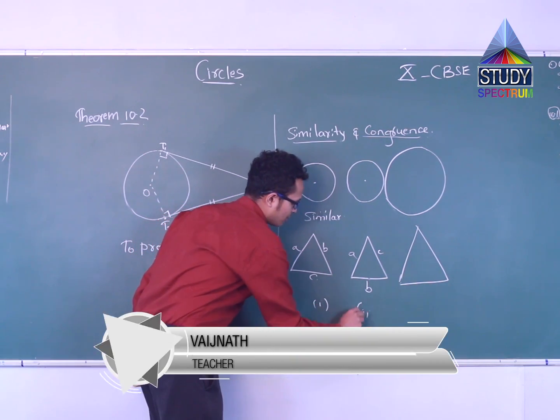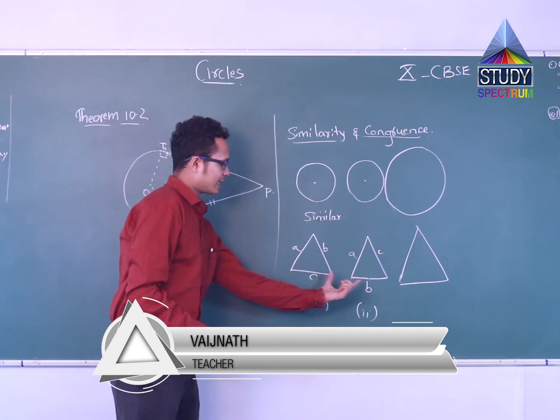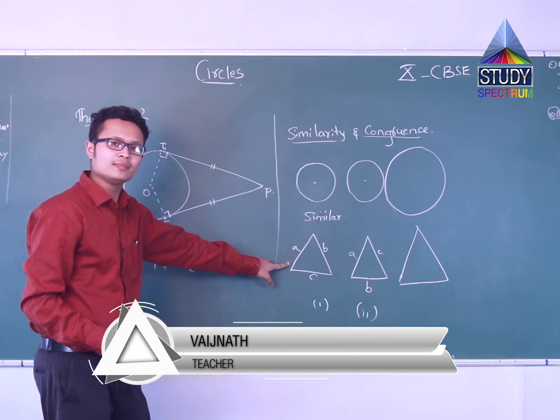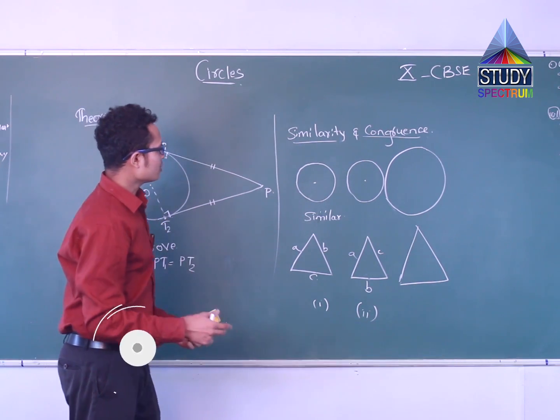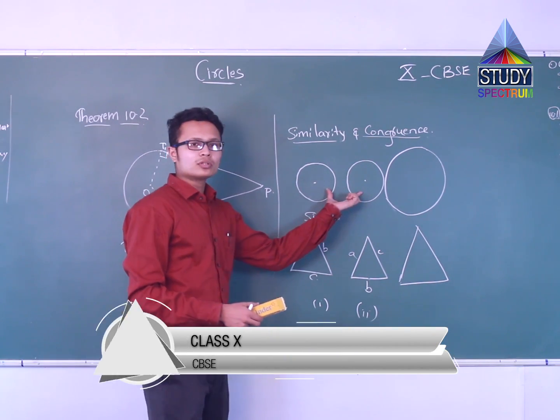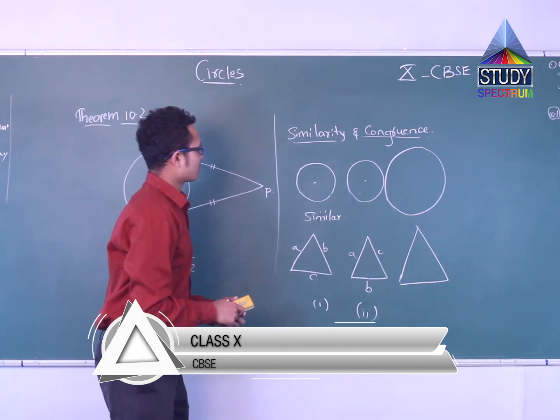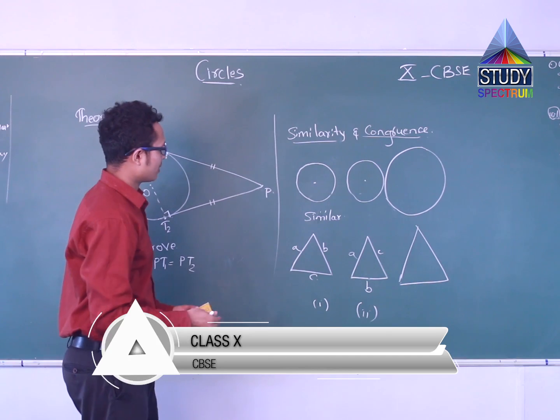But triangle 1 and triangle 2, they are congruent. They are congruent as well as similar. So the conclusion is that a congruent figure is always similar, but not necessarily vice versa. A similar figure need not be congruent.